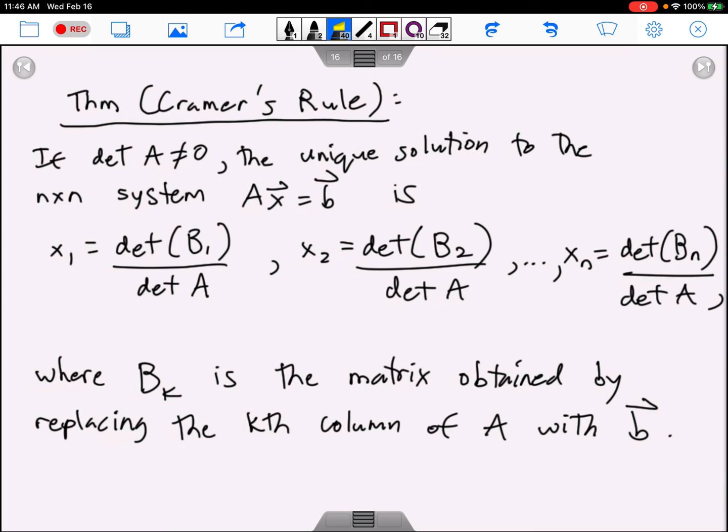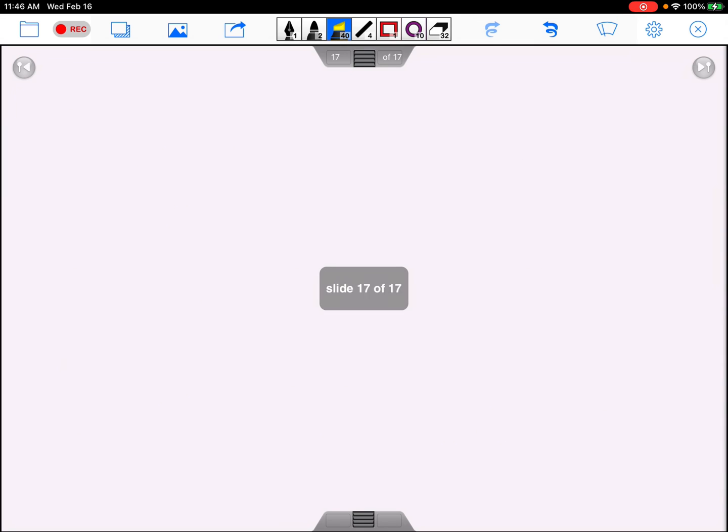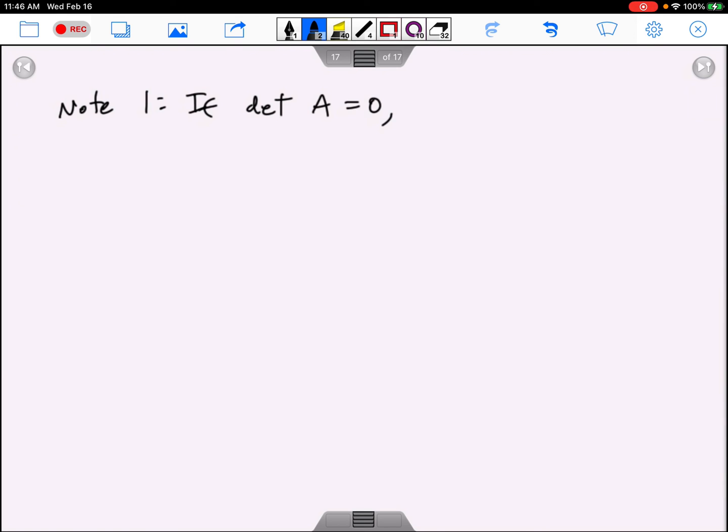For a human being, I think that Gaussian elimination is still probably the fastest way to solve an n by n system. So some notes about Cramer's rule. Note 1: if the determinant of A is 0, Cramer's rule cannot be used.